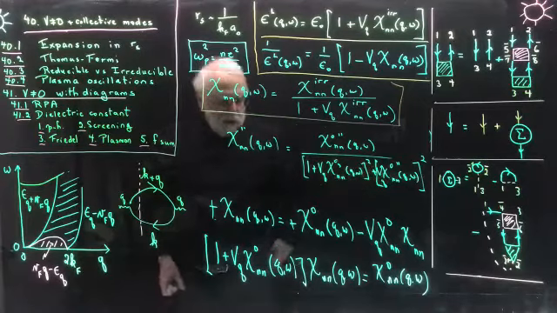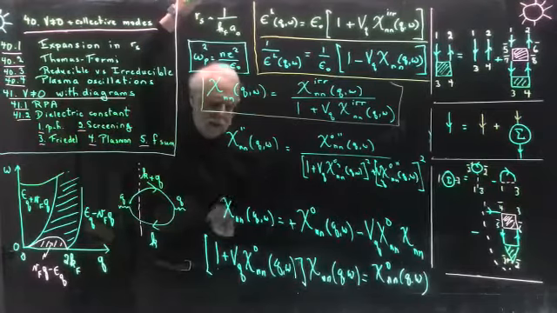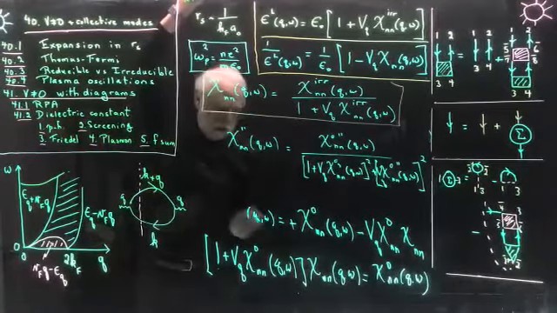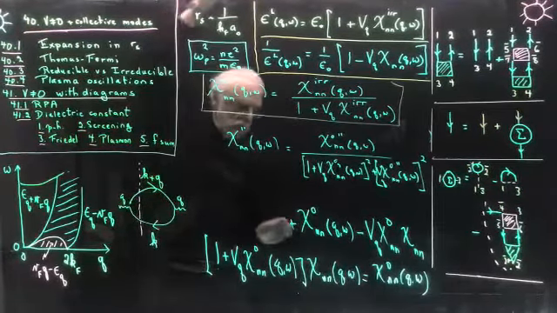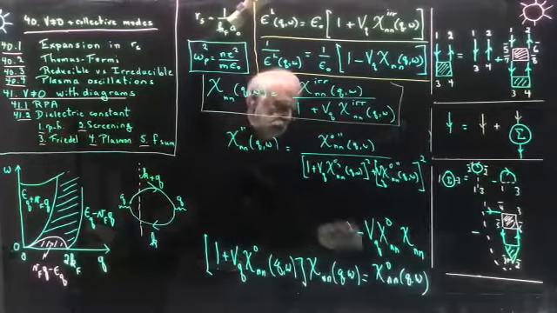Okay. So let me take just a simple case with three poles. There's positive and negative, so I have 6 poles.